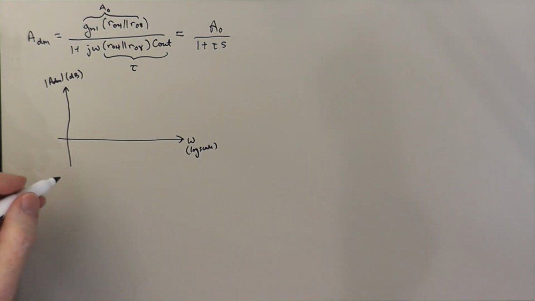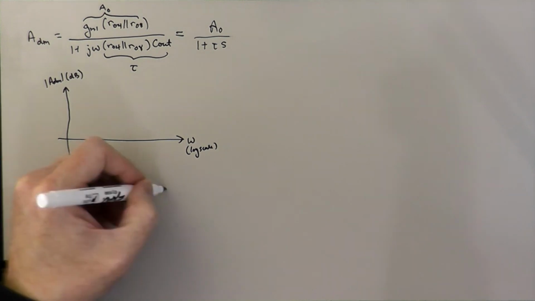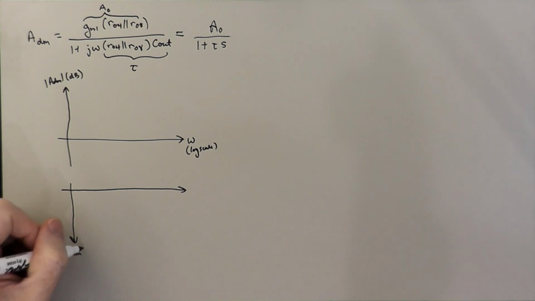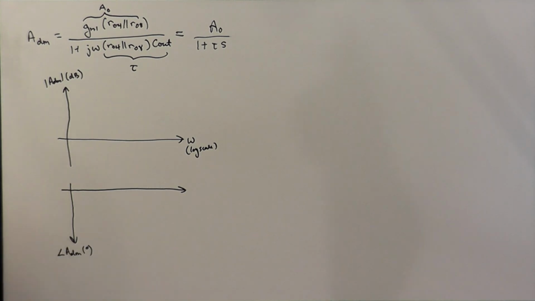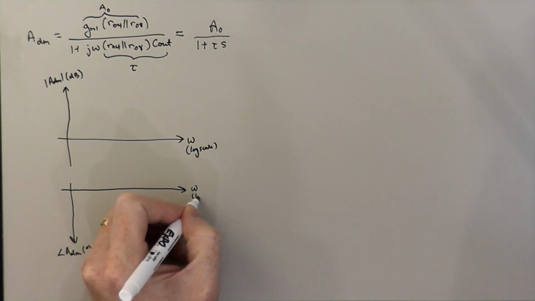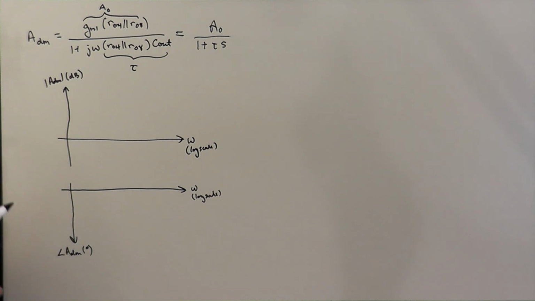And then the other thing that we plot is the phase angle, which we might denote angle of ADM, and that's typically plotted in degrees. Sometimes it's plotted in radians, but we'll plot it in degrees, versus omega, and again this is a log scale. And these horizontal axes are aligned.